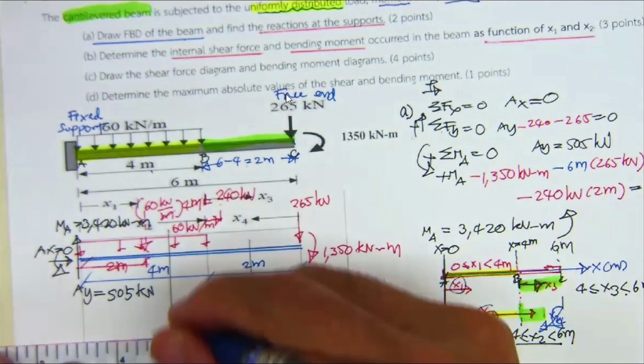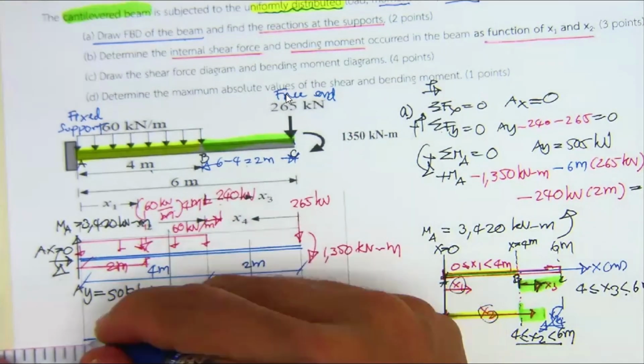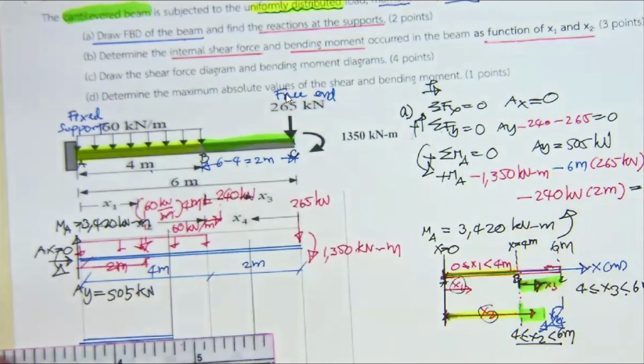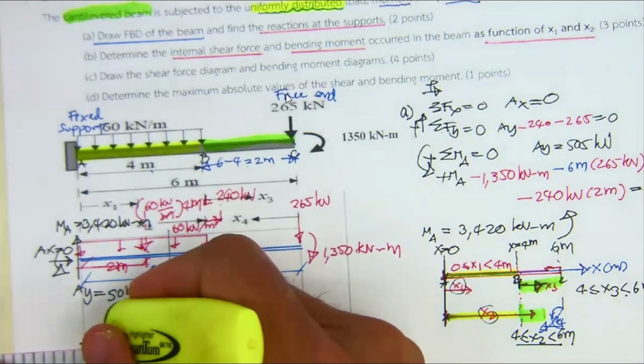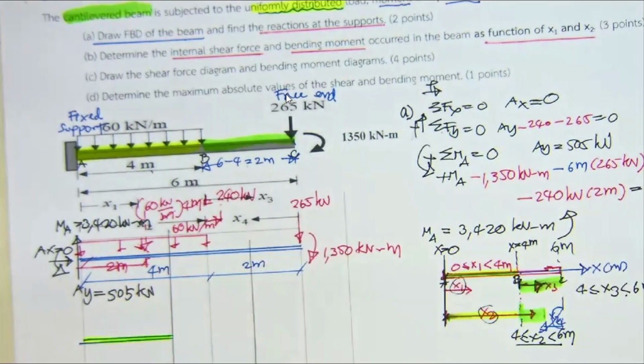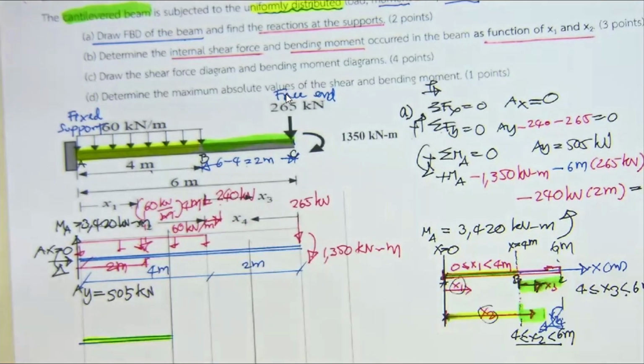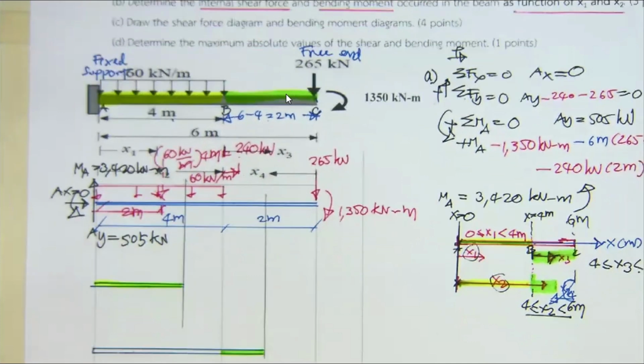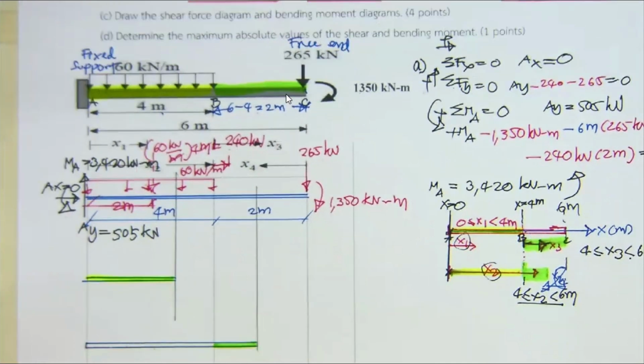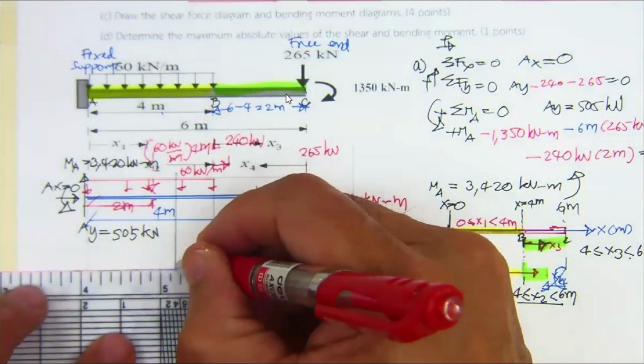And this portion is going to be for the coordinate x1. Okay, and then for the other portion, this one is going to be for coordinate x2, the green.